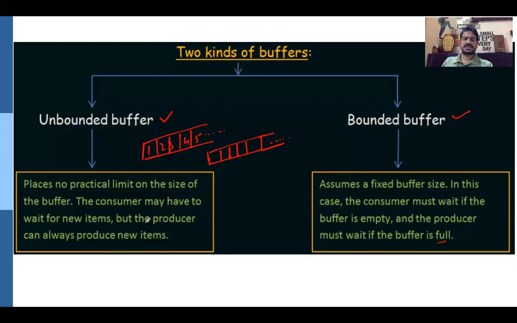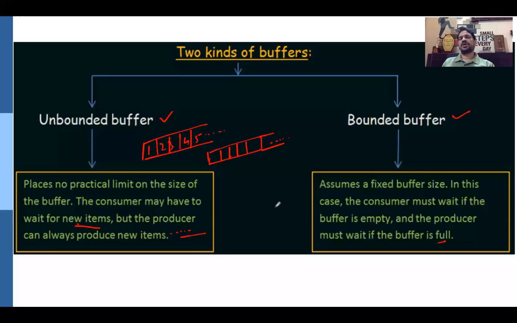In the unbounded case, the producer never has to wait; it keeps on producing items and putting them into the buffer.